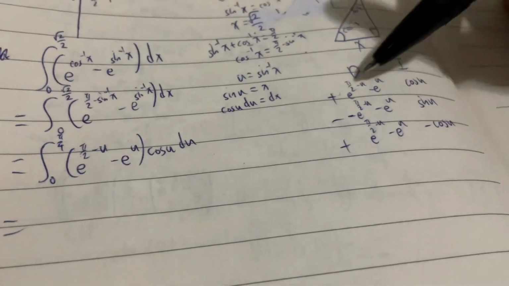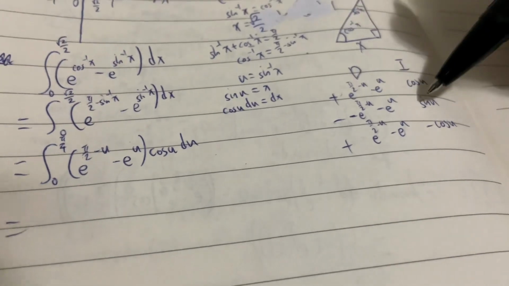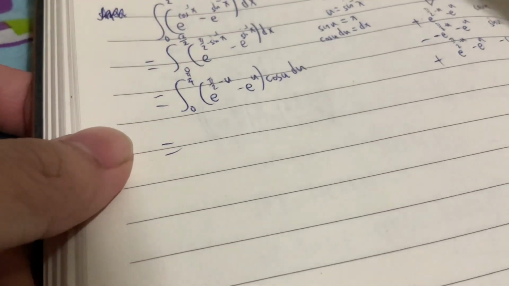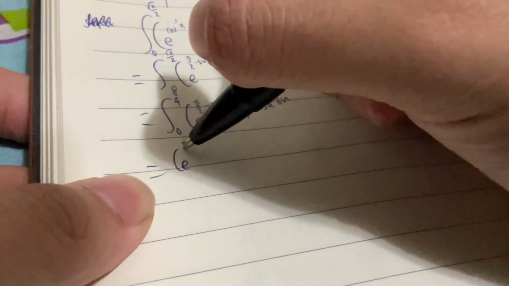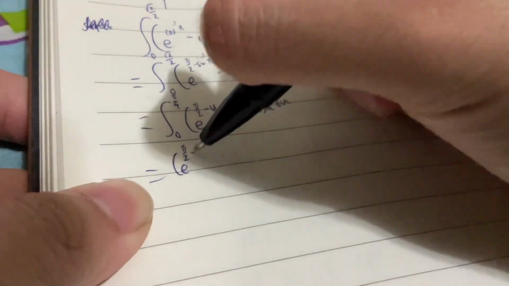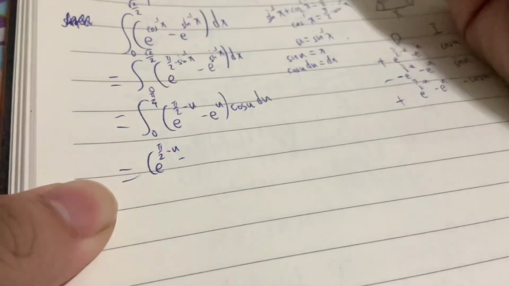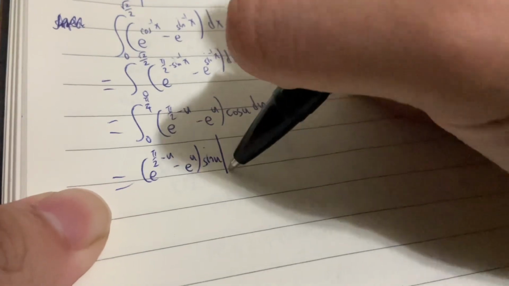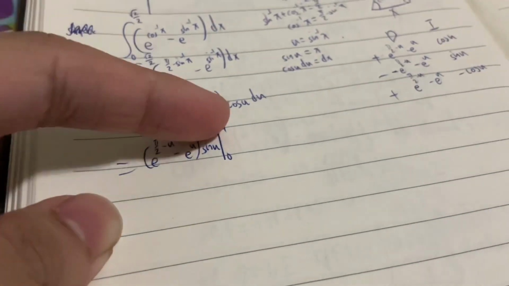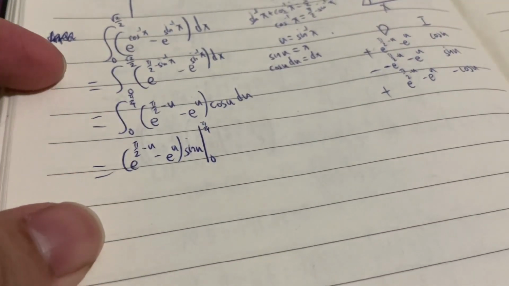This time we're gonna use this to multiply by this, so you get e to the power of pi over 2 minus u minus e power of u times sine u, and then we're gonna put the upper limit and lower limit inside.